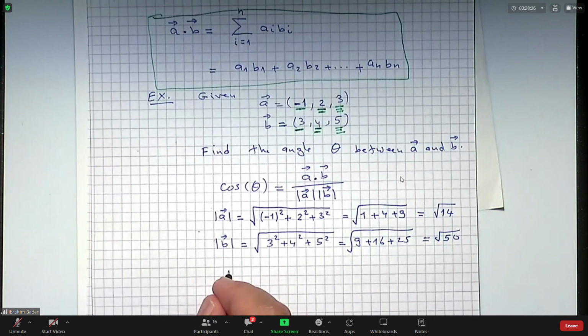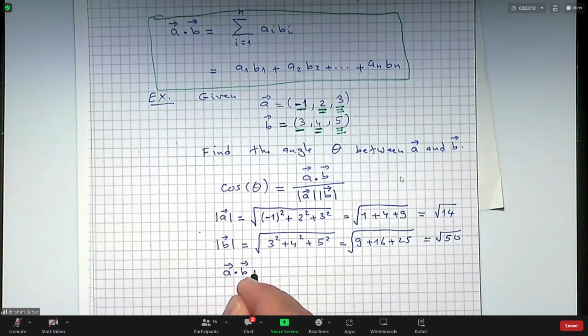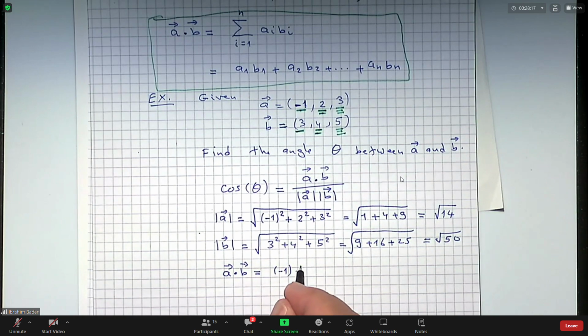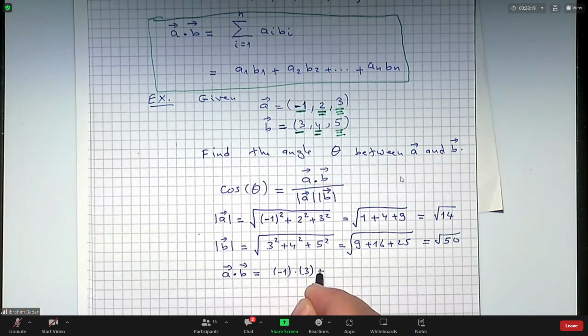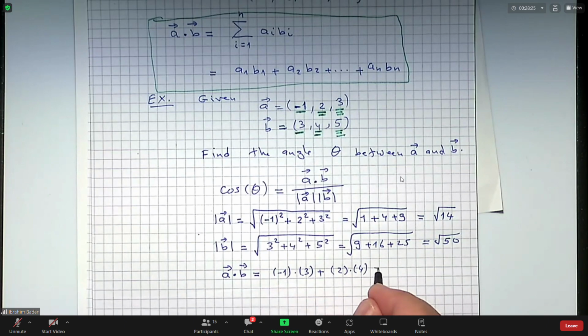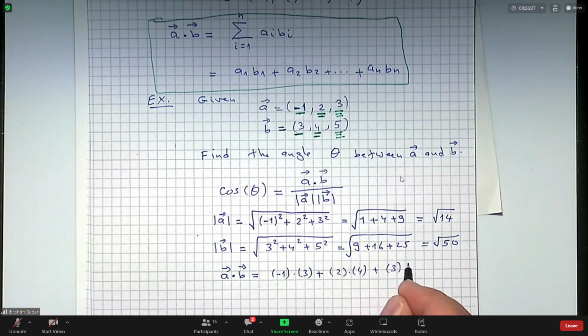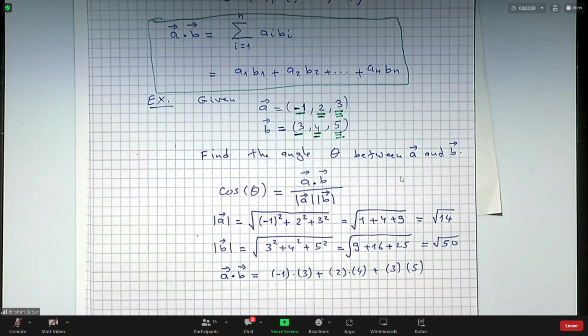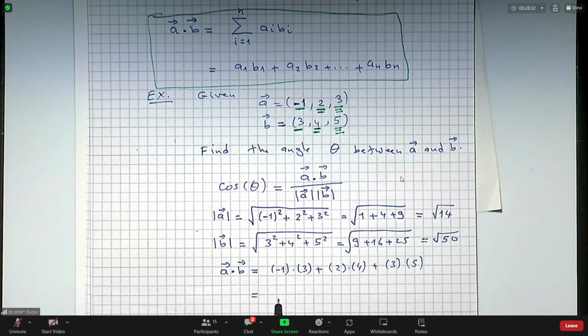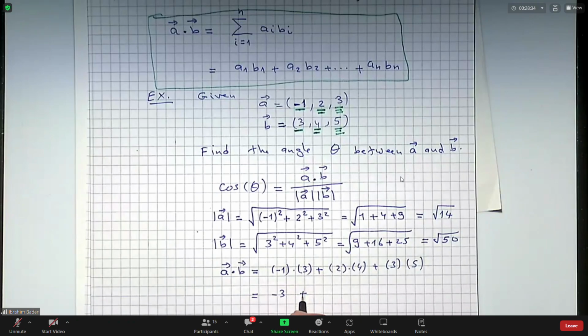So here A dot B, evaluating the dot product of three-dimensional vectors, we have -1 times 3 plus 2 times 4 plus 3 times 5. And this is equal to minus 3 plus 12 plus 15.